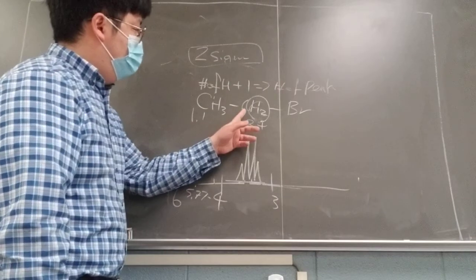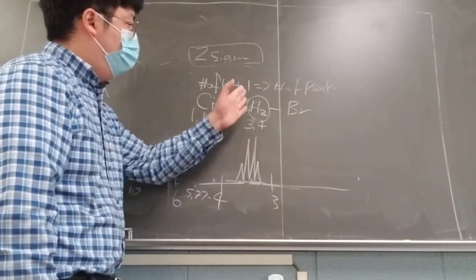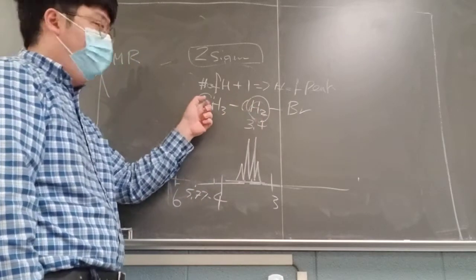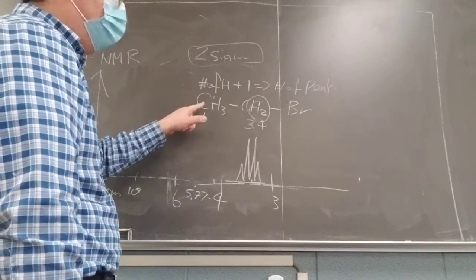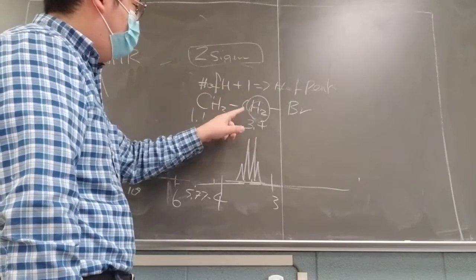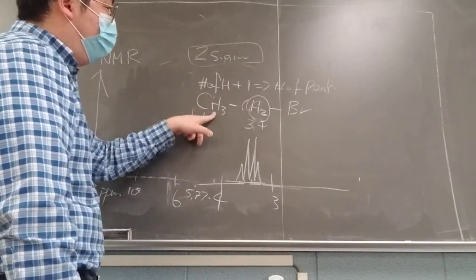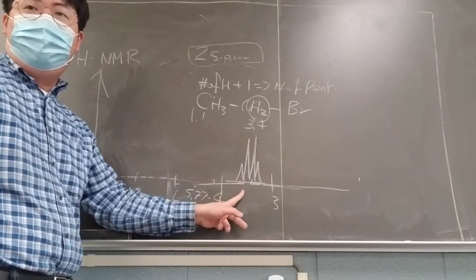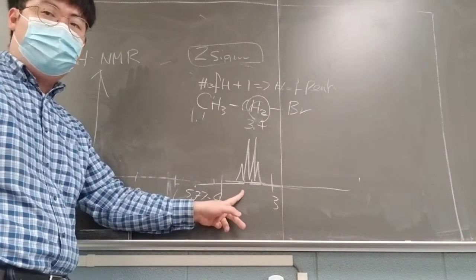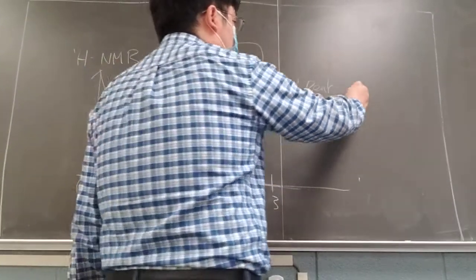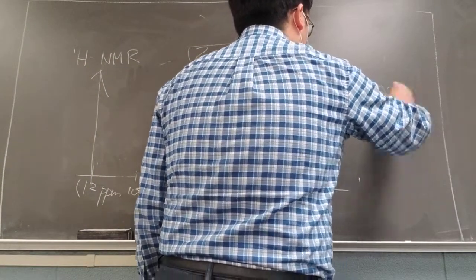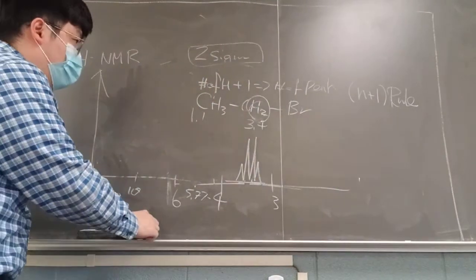So this is the signal that will show in the same position because these two are equivalent to each other, but not to this one. But there are 3 other protons that can affect the coupling to this signal. So 3 plus 1 is 4. So that's why you're going to see 4 peaks on here instead of 1. So we call this the n plus 1 rule. Technically, the only thing you really have to know is this one.